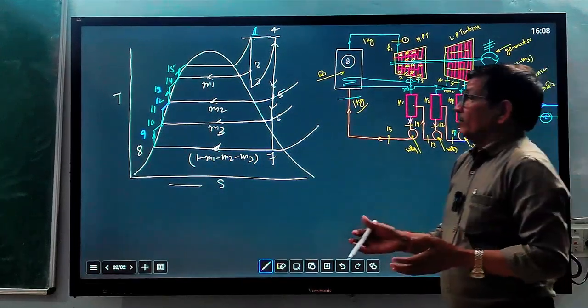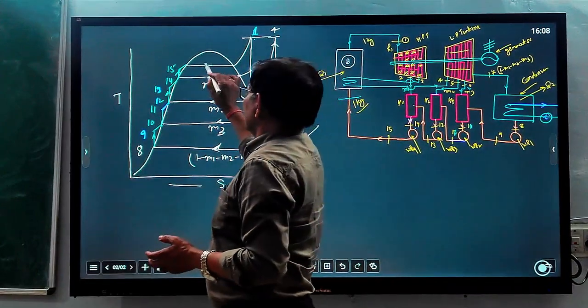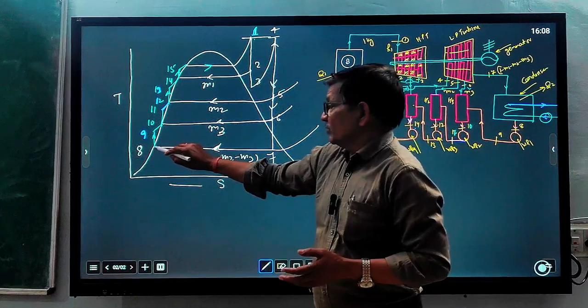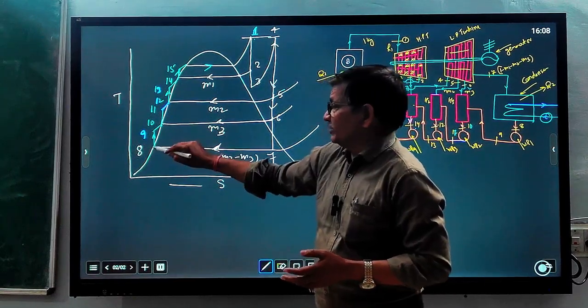That is the advantage of using a reheater and regenerator. In the absence of reheat or regenerator, the heat addition process will start at very low temperature.